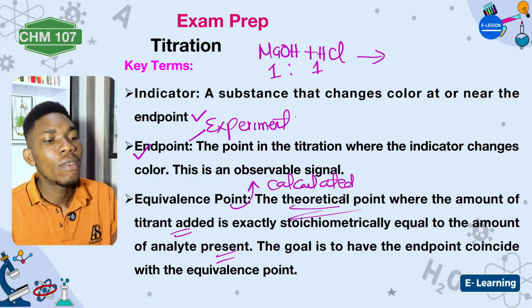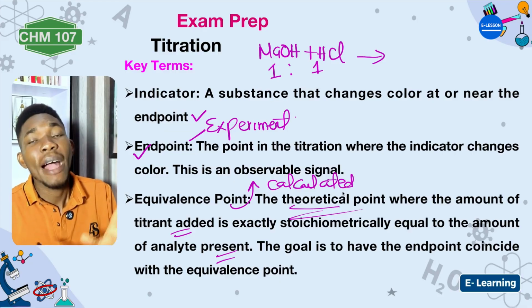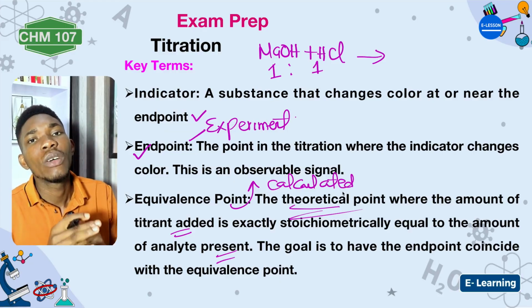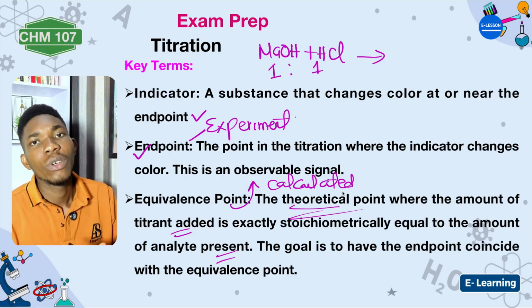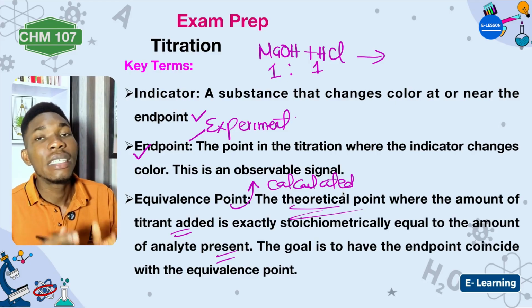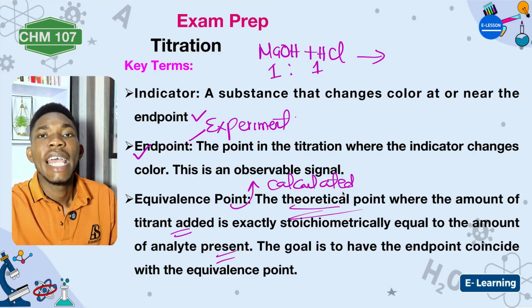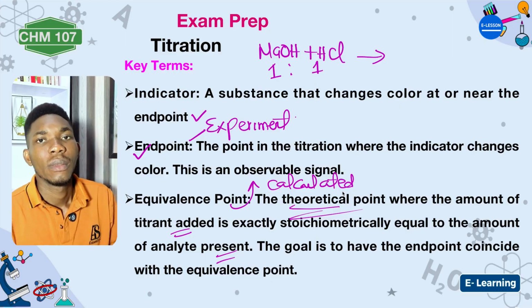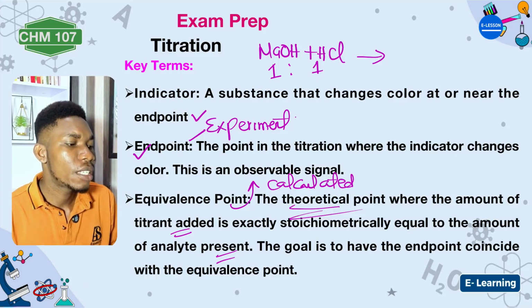Let's take it this way: the equivalent point is the point at which you calculate that the reaction will come to an end, that the titrant has reacted with the analyte, while the end point is the one that you get from the experiment. Is that okay? So that is the difference between them.